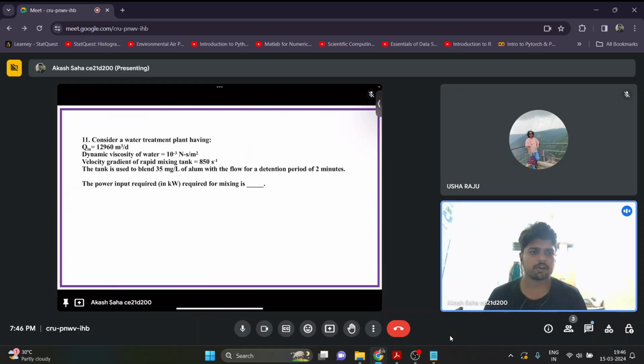So we have a direct formula, power is equal to G square mu V. Once we substitute the values, we will get the answer. We will note down the question. We'll see the solution now.